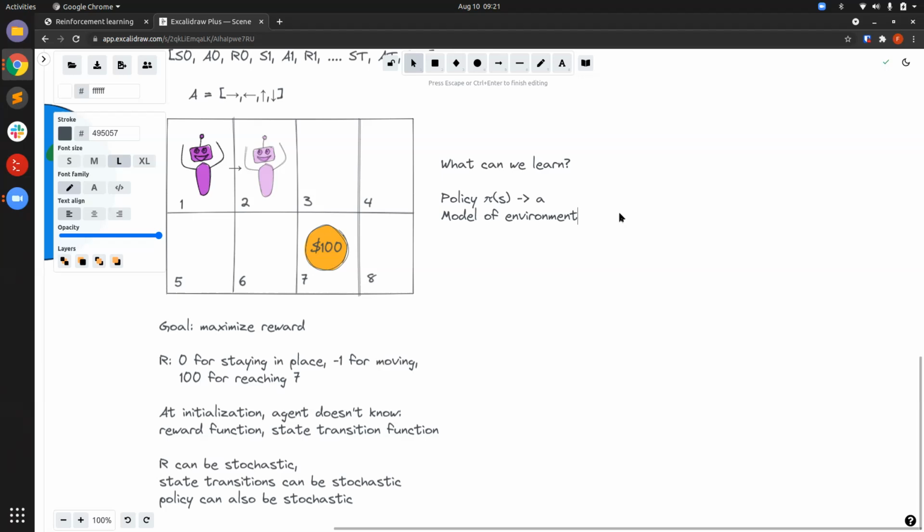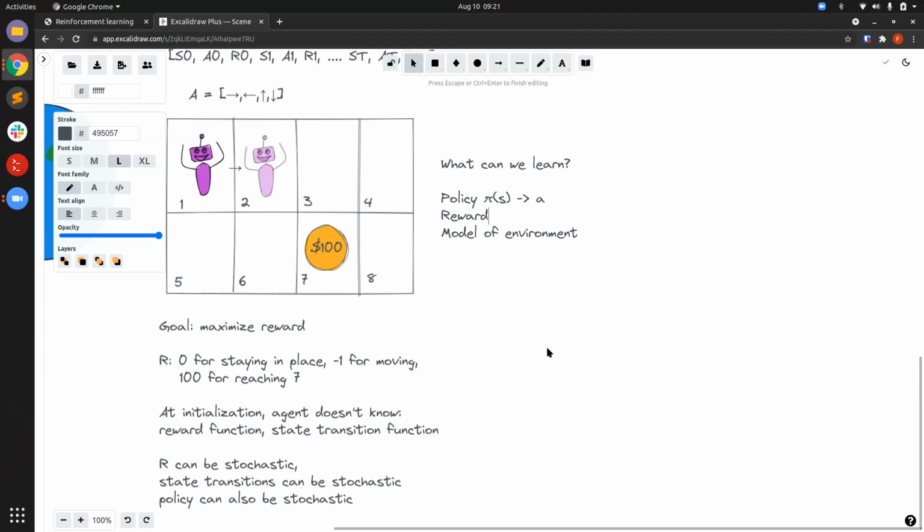So the suggestion is what not to do. That's included in the policy. So if we want to learn what to do, then we're also learning what not to do. But another thing we might try to learn is what are the consequences of different actions or different states in terms of their reward. So we might try to learn an explicit policy. So what action should we take in each state?